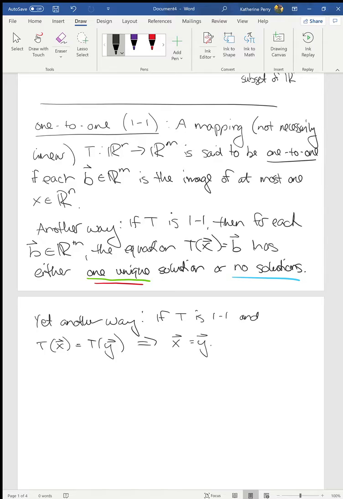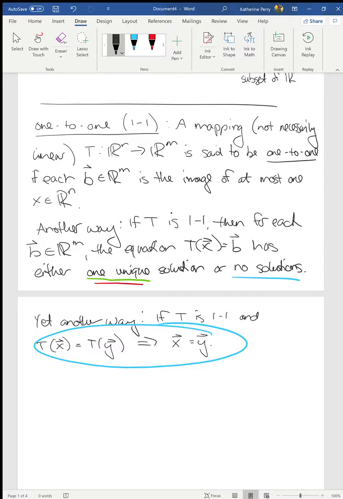Let me circle this in blue, because this right here is what we're going to use in the future to argue that a transformation is one-to-one. Okay, so we'll do two examples. The first is going to be a non-example, an example of a transformation that's not one-to-one, and then we'll look at an example that is one-to-one.